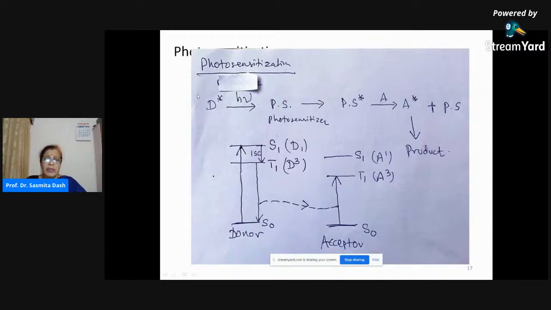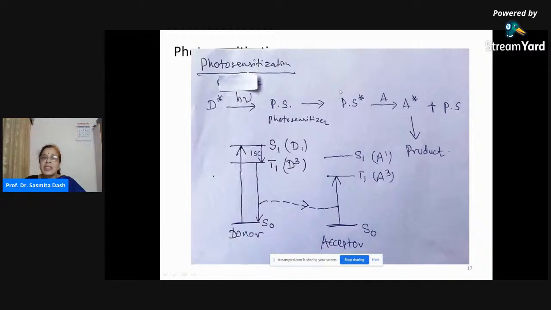To begin with, the donor molecule is promoted with h nu amount of photons falling on the photosensitizer. The photosensitizer is now excited, and the excited state of the photosensitizer helps the acceptor molecule, which is normal and without any energy, convert to the activated molecule of the acceptor.